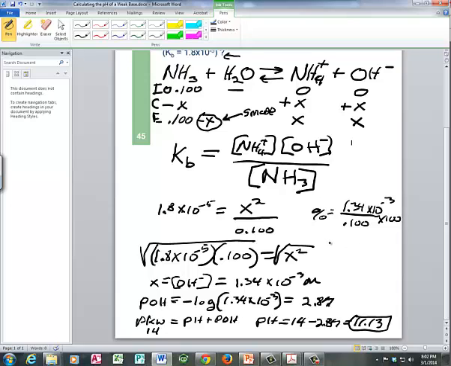When we perform that calculation, we wind up with a percent ionization of somewhere in the neighborhood of 1.3%. We use the same 5% rule: as long as we're under 5%, our assumption that X relative to the starting concentration was small enough to ignore is valid.